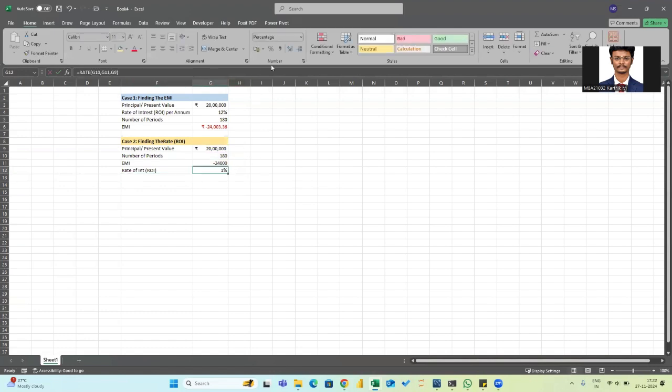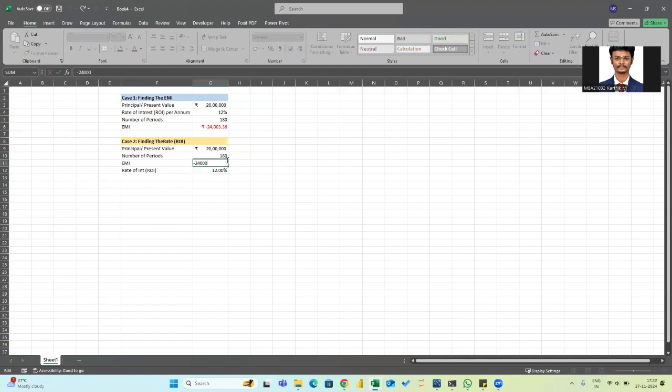So this is showing 1%. You might wonder why it's showing 1%. In this case, we have taken per month. We are given 180 periods, which is 180 months. So this is given in months, so we have to multiply it by 12 to get the ROI.